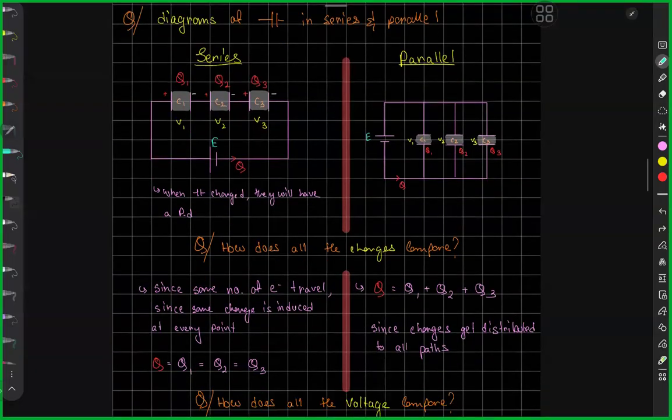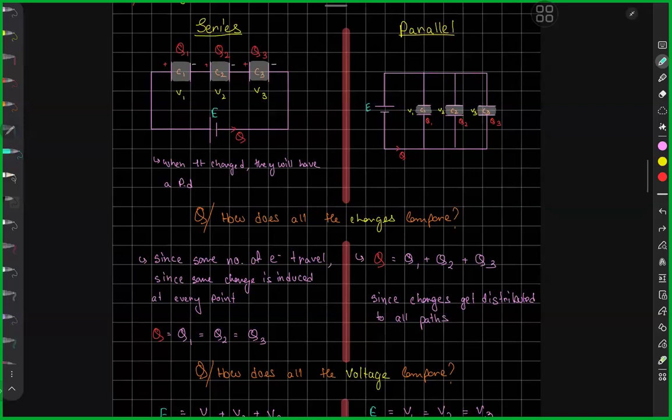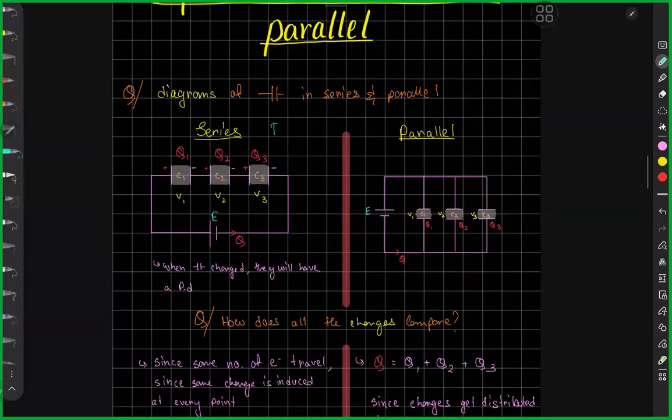And this derivation, again, you will have to do it. They may ask you a 3-4 mark question where they will ask you to show how to find total capacitance when capacitors are either in series or in parallel. That is the kind of question that can be asked to you.